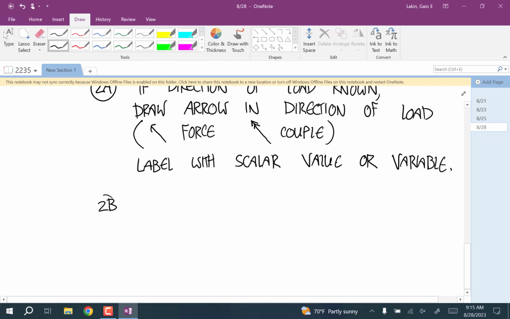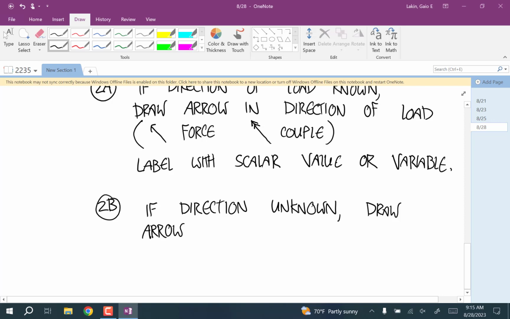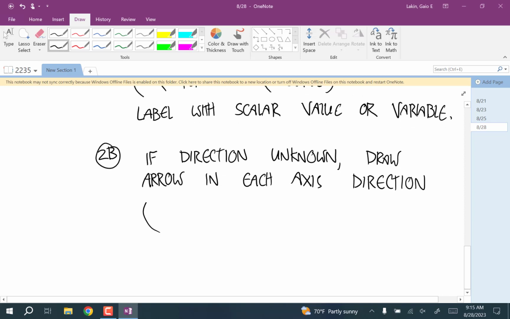Second, if the direction of the load is not known, draw an arrow in each axis direction. So force would be like this, or a lot of times you see people do it like this.